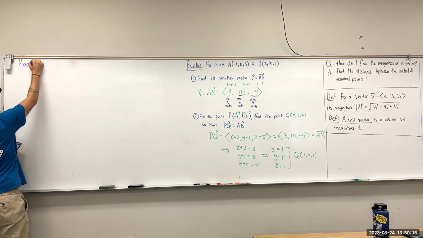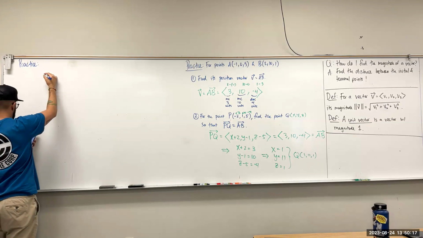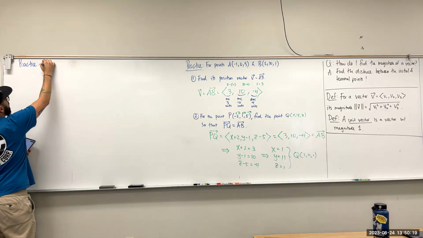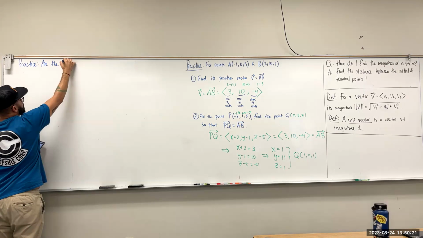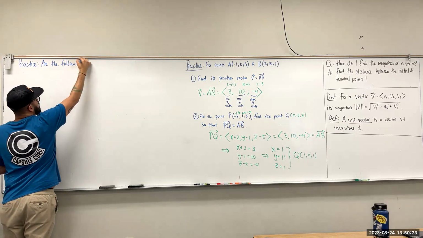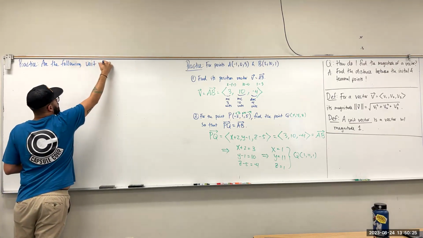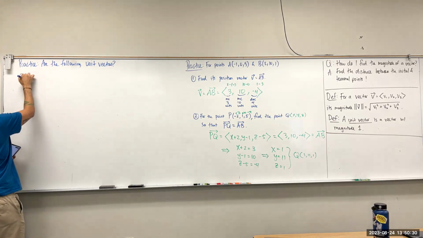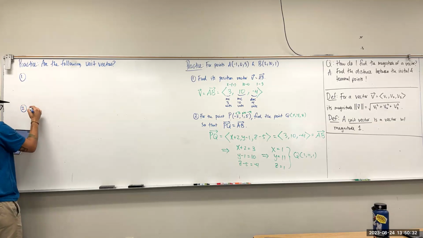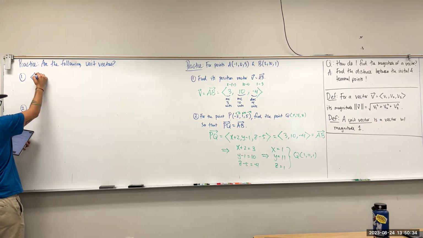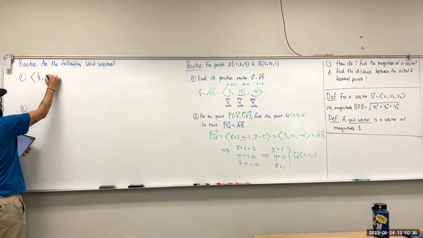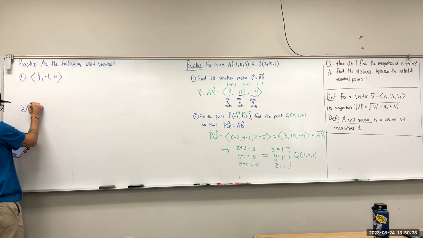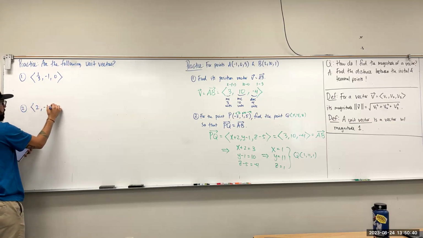So again, just to give you a little bit of practice, are the following unit vectors? Try this one and try this one: 1/3, -1, 0, and 2, -1, 2.